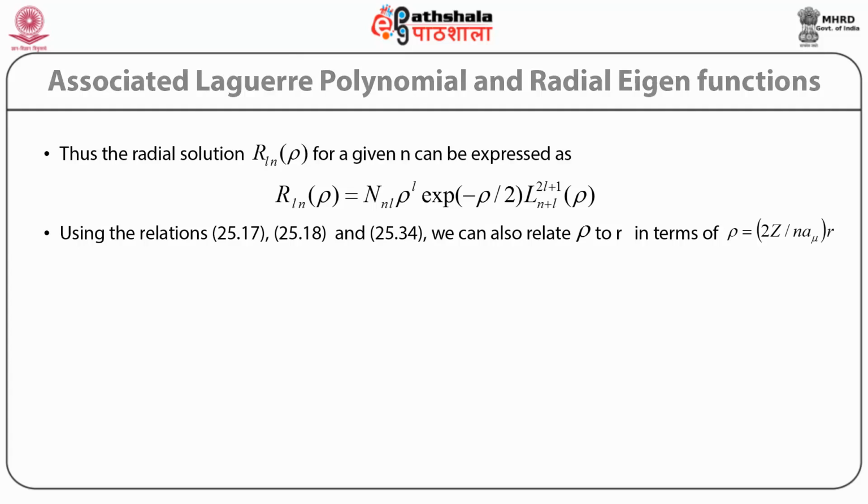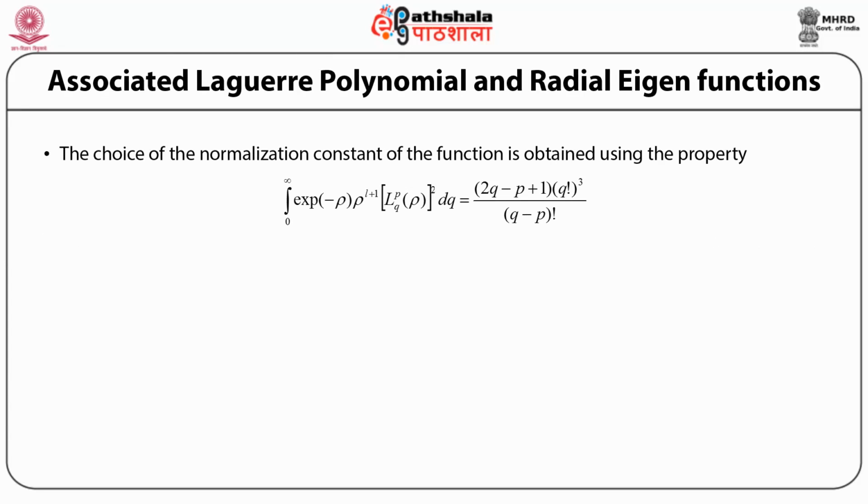The choice of the normalization constant of the function is obtained using the property integral 0 to infinity exponential minus rho multiplied by rho^(l+1) multiplied by [L_q^p(rho)]^2 d rho is equal to (2q minus p plus 1) multiplied by (q factorial)^3 divided by (q minus p) factorial.